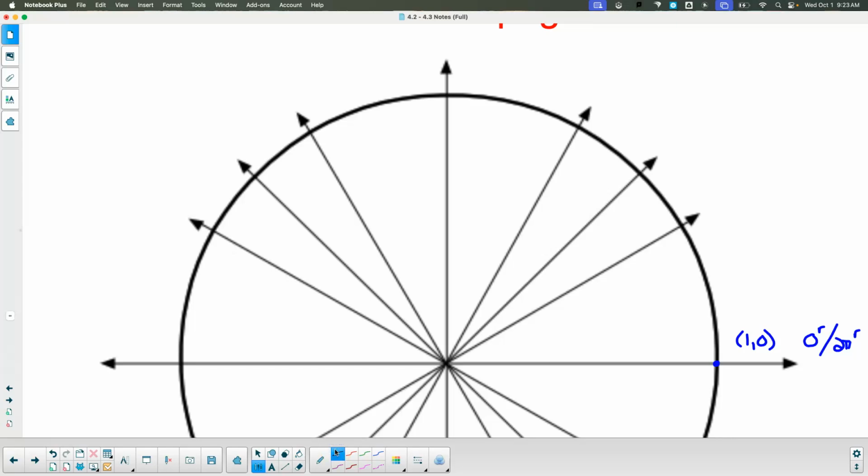I memorized it as 0 degrees and 360 degrees also, but for purposes of your memorization quiz, you just got to memorize the radians. Okay? Then I went up here and I said, this is 0, 1, or pi over 2 radians. I also said it was 90 degrees.